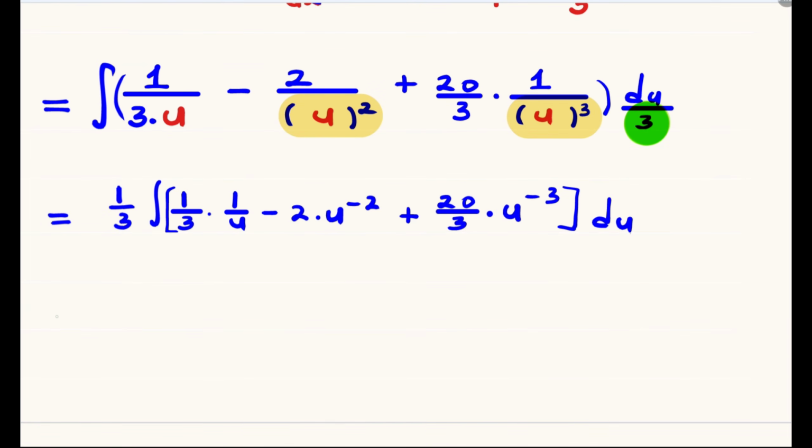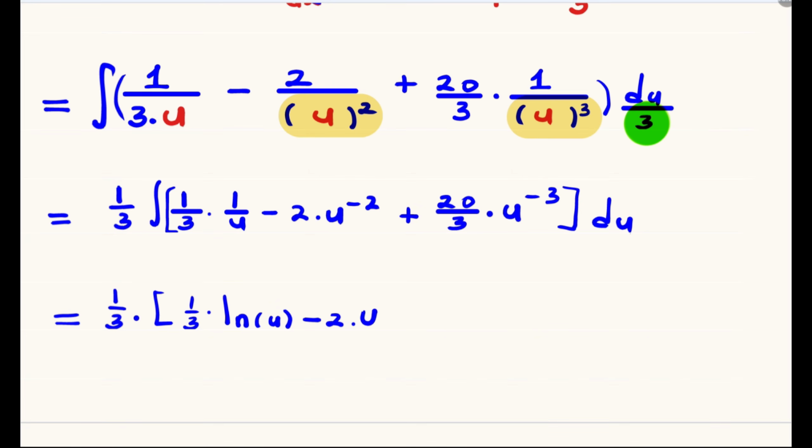Now we integrate with respect to u. So we have 1 over 3 into 1 over 3. The integral of 1 over u is equal to ln of u, minus 2 multiplied by the integral of u to the power negative 2.